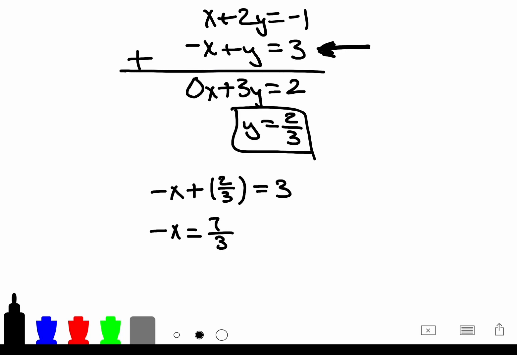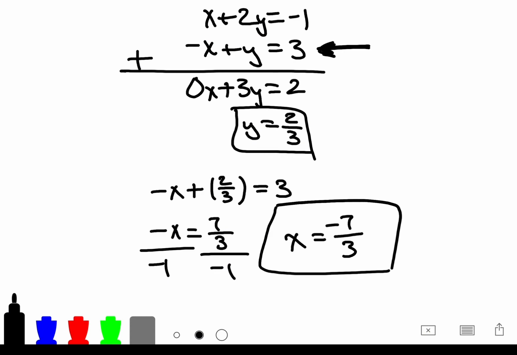Then to get rid of that negative and find x, you divide both sides by negative 1. So x is negative 7 over 3. And again, like stated previously, that is the point of intersection when these two lines are graphed.